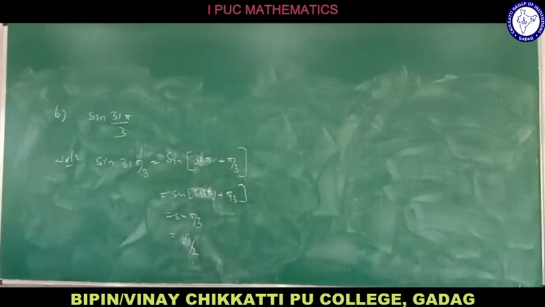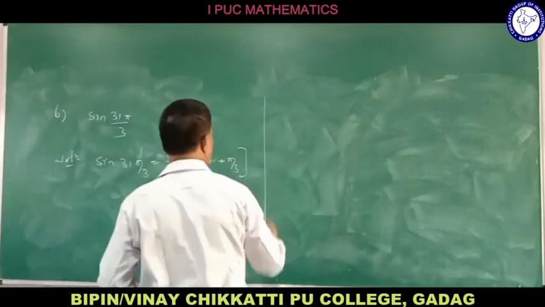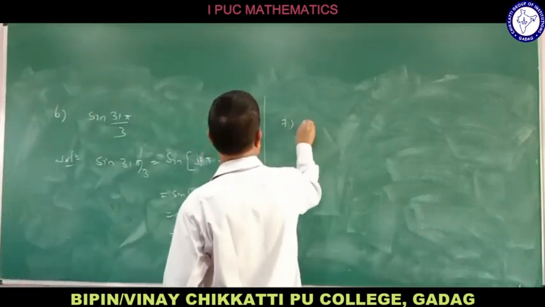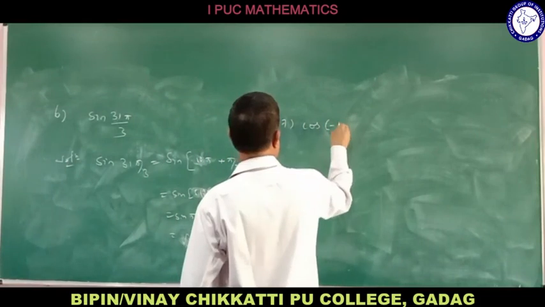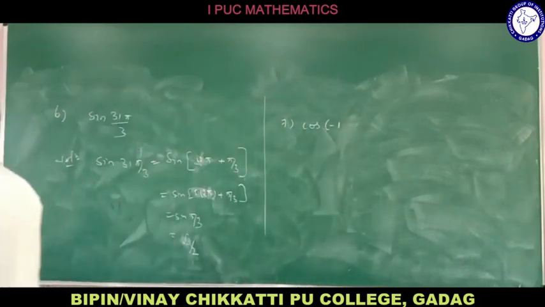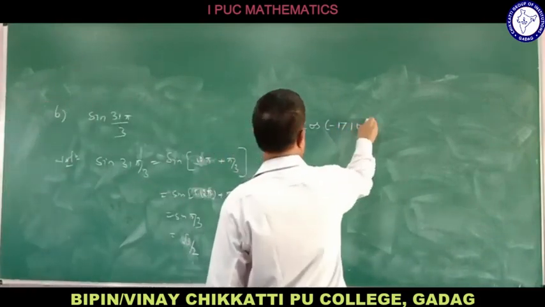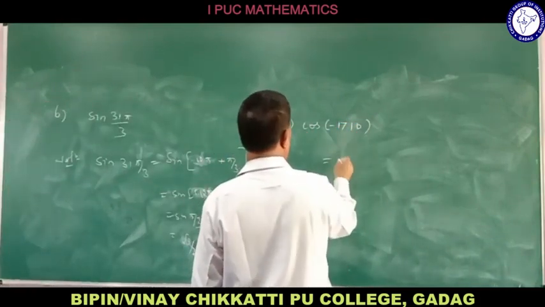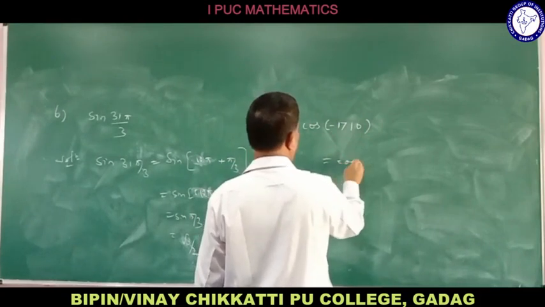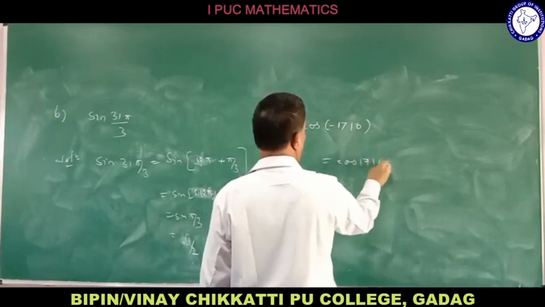And the last one I am explaining, the seventh, is cos of minus 1710. This is in the fourth quadrant where cosine is positive, so this is cos of 1710.